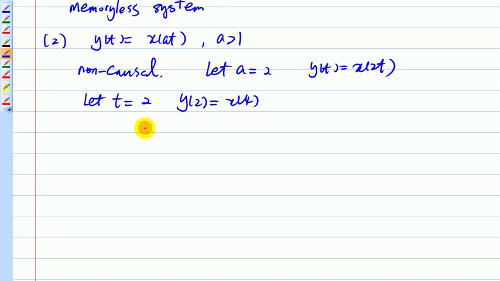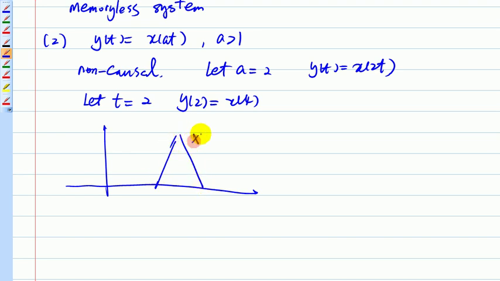We can also show this graphically. Suppose this is my x of t, and this is t1 and this is t2. All your system does is a time compression, because a is greater than 1.